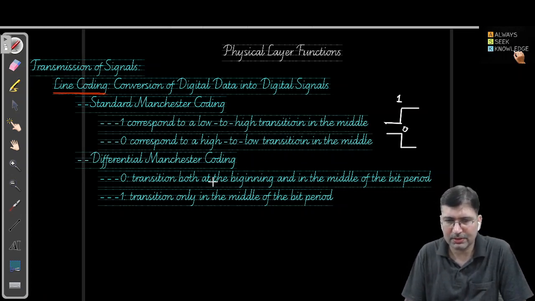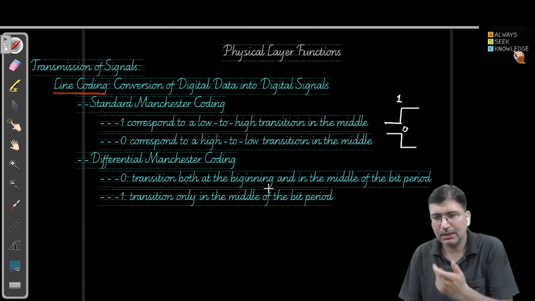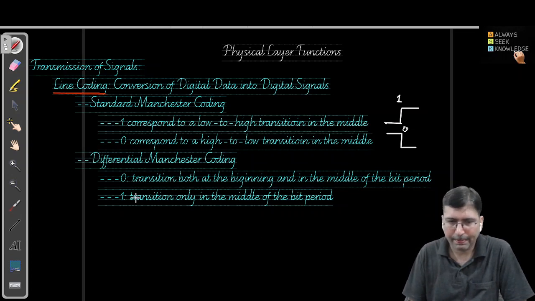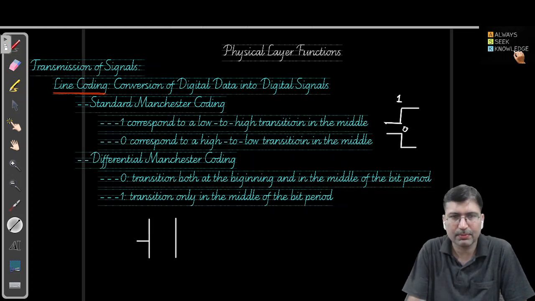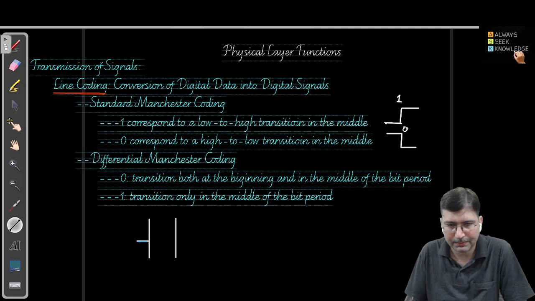Now in differential Manchester encoding, 0 is represented by a transition both at the beginning of the bit period and in the middle of the bit period. Let's say this is the bit period.